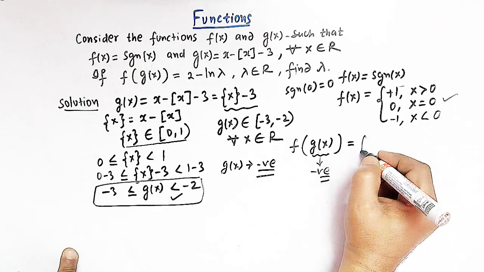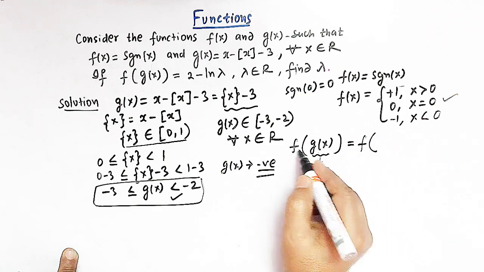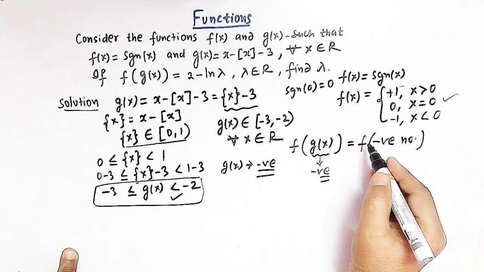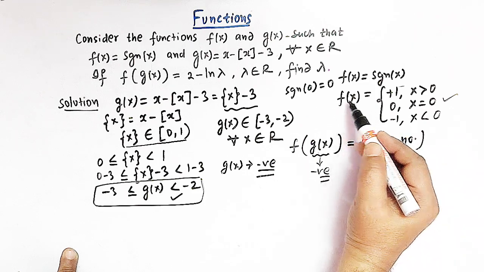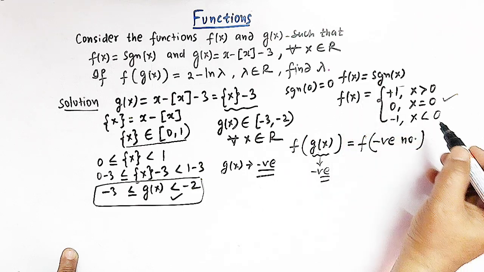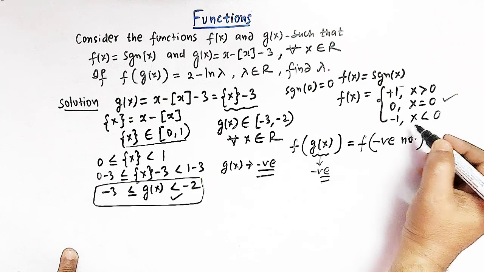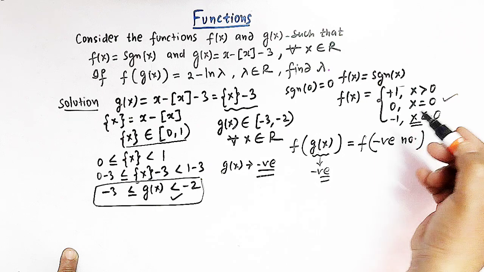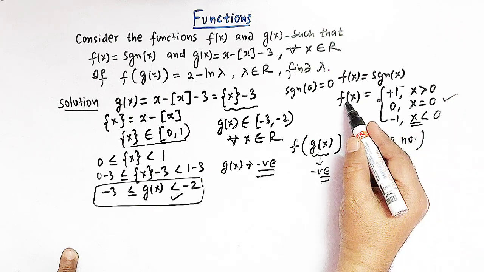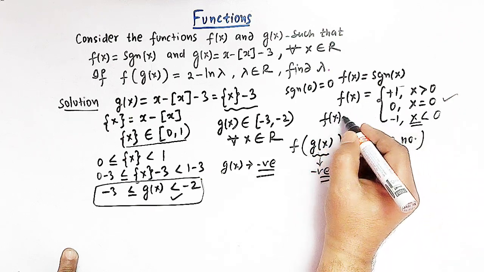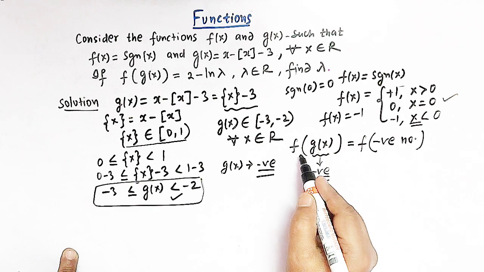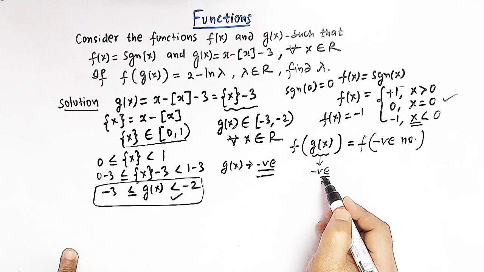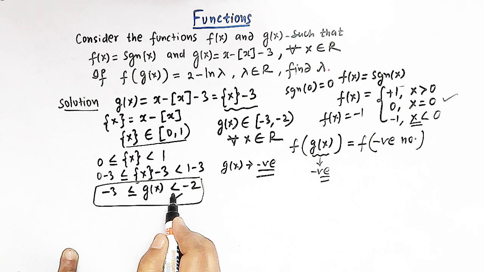So we have to calculate f of some negative number. From the definition of f of x, whenever the input is less than 0, that is a negative number, f of x takes the value minus 1. In this case we have f of g of x, and g of x is negative due to this inequality.